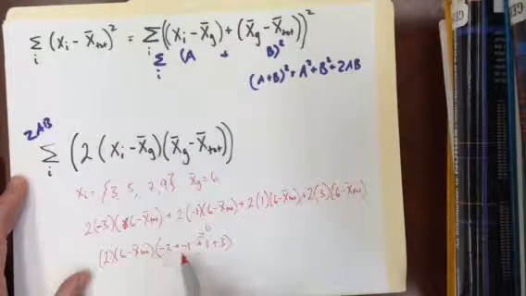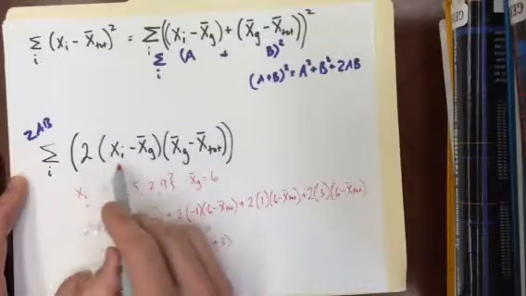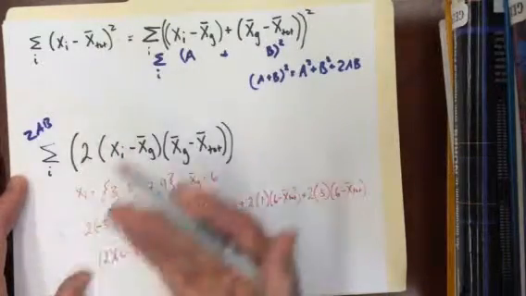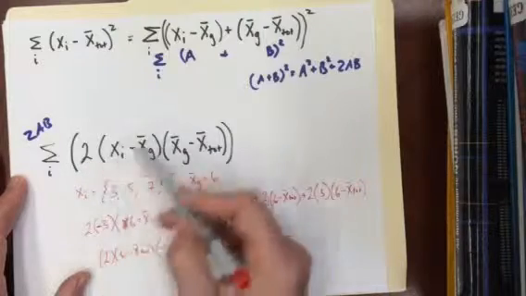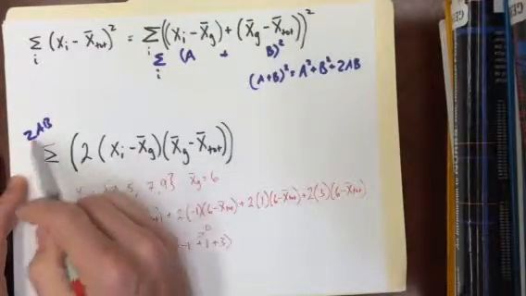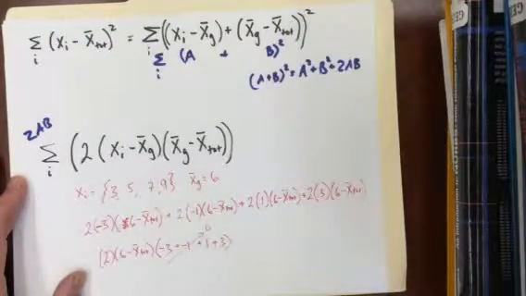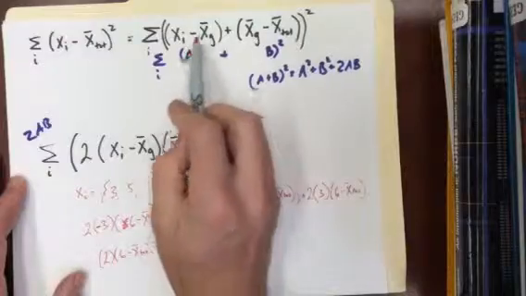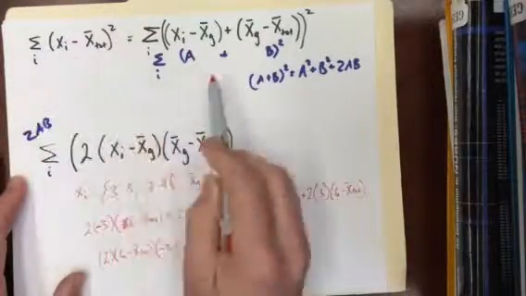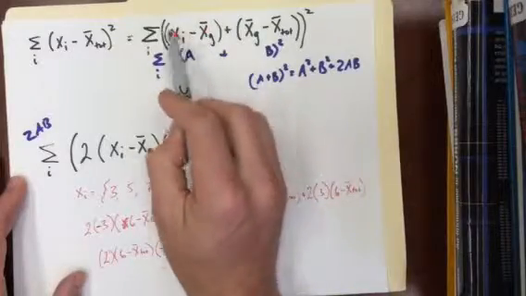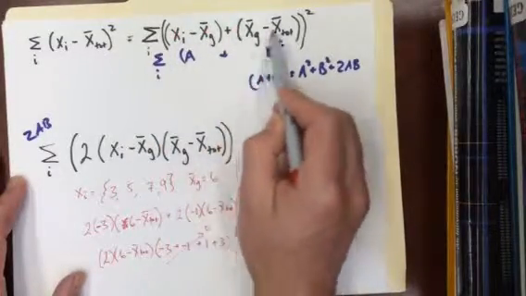And so what happens is that this whole thing becomes 0 when you're summing up within the group, right? So that's why this 2ab drops out, and you're left with just a squared plus b squared. This sum of squares total, you're left with the sum of squares within groups and the sum of squares between groups.